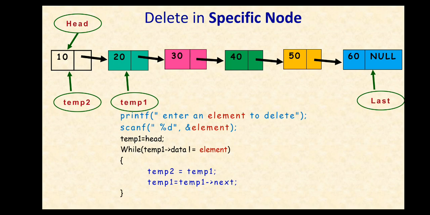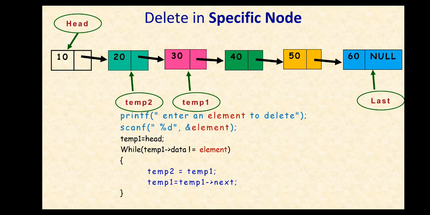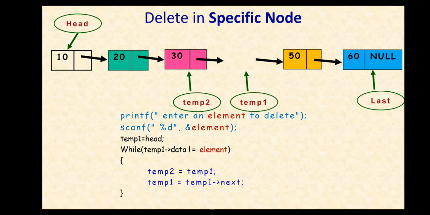Now temp1 value 20 is not equal to 40. The same thing will be repeated. So temp1 points to 30, temp2 points to 20. Again the condition is true, so going on and pointing to the fourth node, that is the required node.